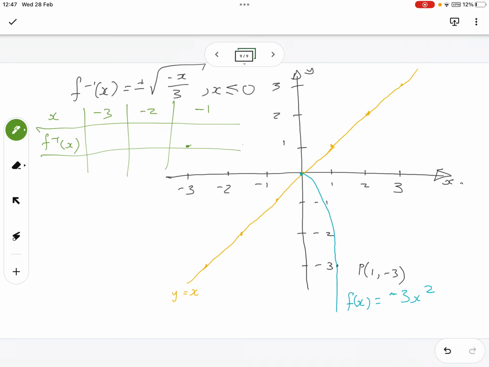So that's at x is -2. Yes. Okay. And then at x is -1? I think that's root 3 over 3. Okay, it's negative 0.58. Oh, okay. So the curve's gonna look something like.